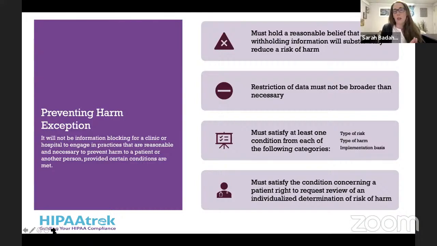So from your providers, maybe even your nursing staff may be able to help you with this, but you must have input here, because this preventing harm exception is you are allowed to withhold information if you have a reasonable belief that if you release that information, it could cause real harm to the patient. So like risk of harm to themselves or to somebody else, or risk of death to themselves or somebody else, right?